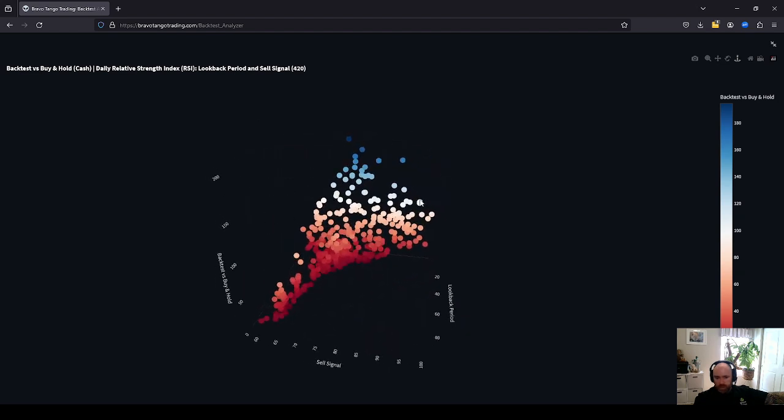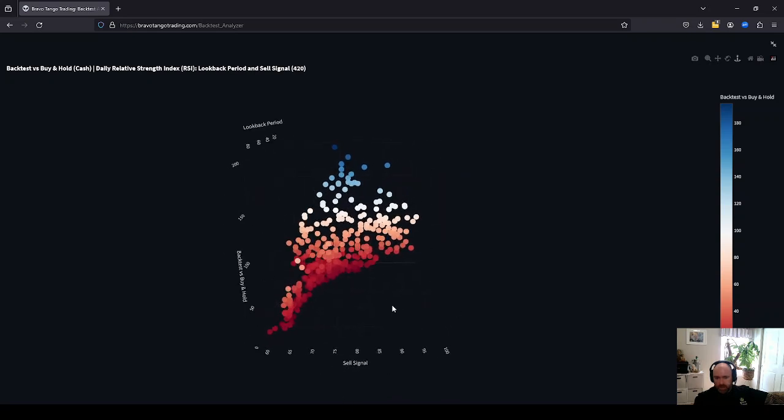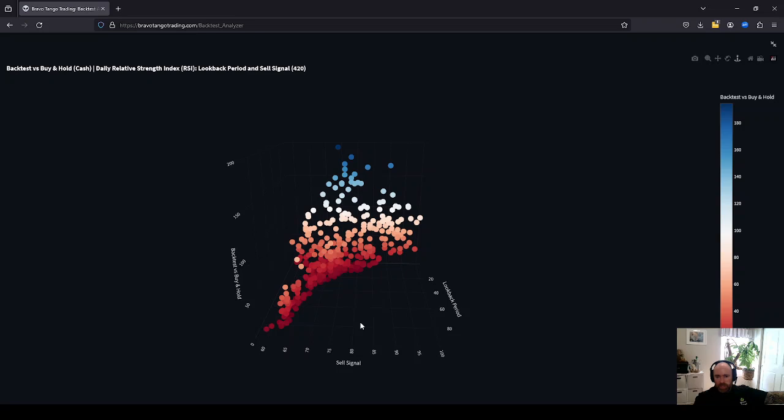If we turn it the other way and look at the sell signal, the higher the value, the more it indicates an overbought period. The lower the value indicates an oversold period. If you're selling when it's way up at the 100 or the 95, it might never get there, or it might only get there 4 or 5 times.